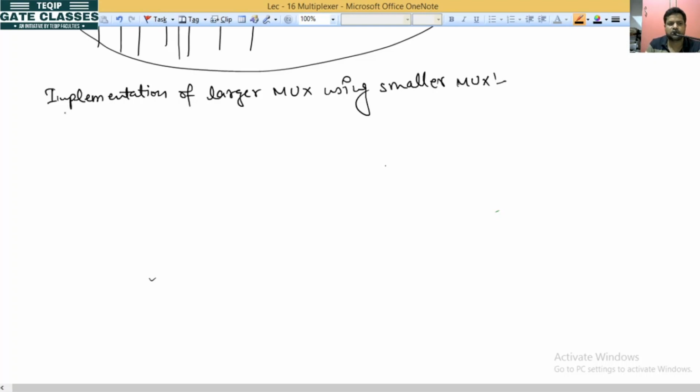It means that there is a requirement of a larger mux but we have a smaller mux, so we have to implement that larger mux with the help of the smaller mux. So we have to make a 4x1 mux with the help of 2x1 mux.